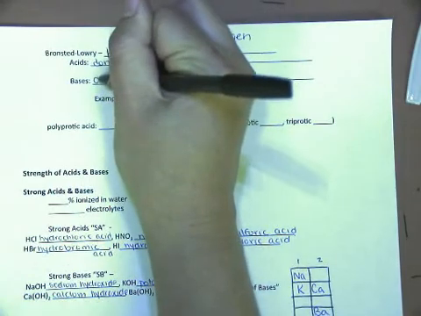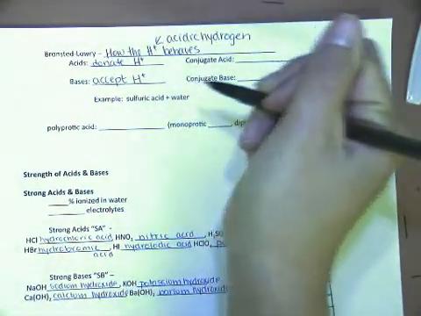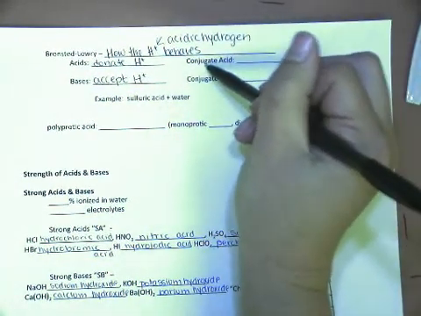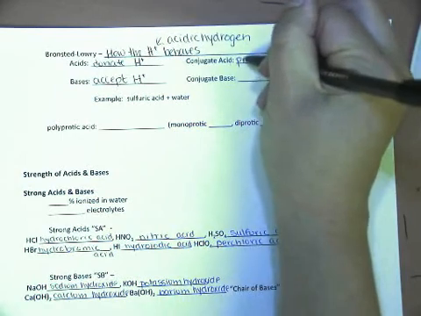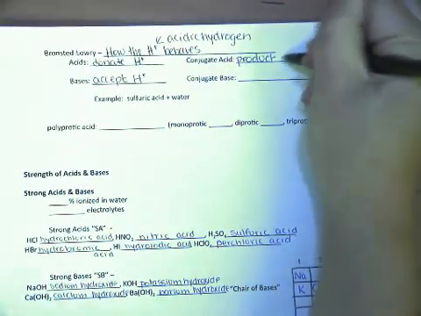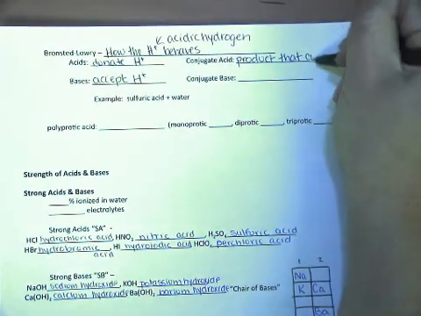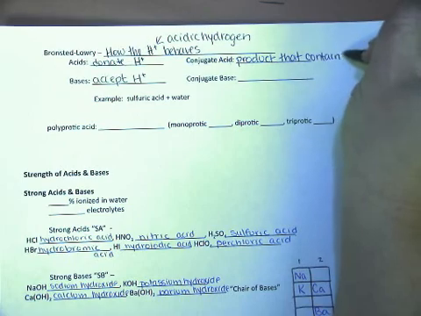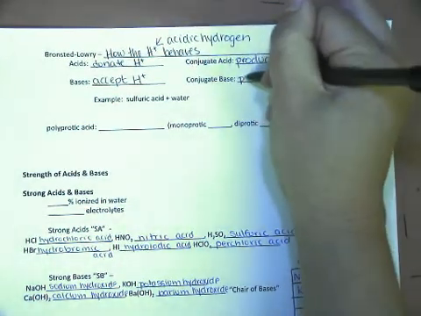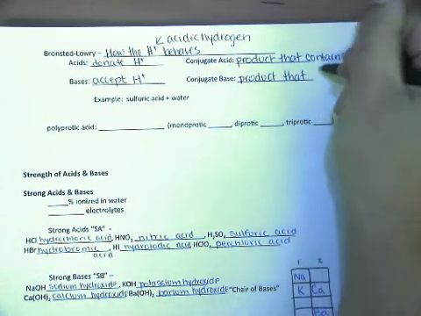The base is going to accept the hydrogen ion. We can then make a conjugate acid. So the acid that was made is the product that now has the hydrogen ion. And the conjugate base is the product that lost that hydrogen.